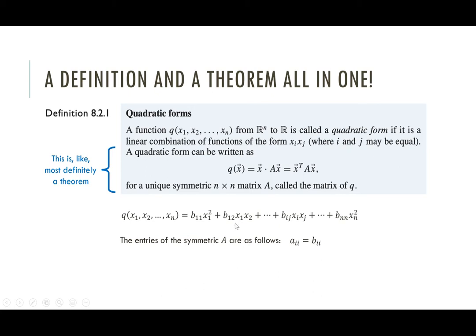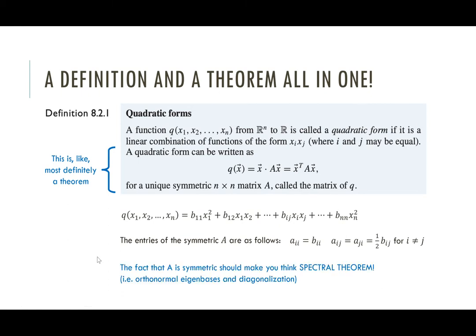And then all the other terms, like the b_12 and the b_ij, split them in half, and make one of those the ij entry and the other one the ji entry, whenever i is not equal to j. So mixed terms, split them in half and put them in corresponding places in your matrix so that your matrix is symmetric. And if you do this, then yes, you will have written your quadratic form in the form x dot Ax.